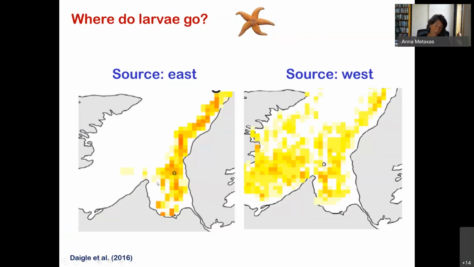If, on the other hand, they're released a little bit to the west, those larvae are going to spill throughout Northumberland Strait. So this site is very much connected with sites within the Northumberland Strait, whereas this site is not. Again, this gives you an idea of how to draw these connections.